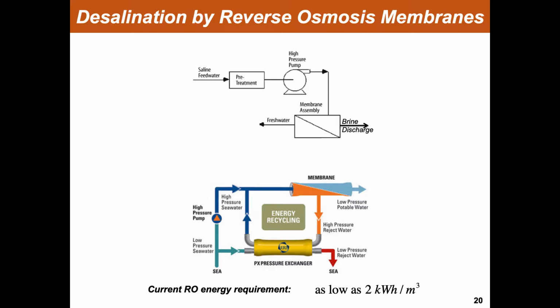And so you produce two streams, one that has the desalinated water and one that has a concentrated brine that has to be discharged. A lot of the energy in this process, in fact pretty much all of it, is in this pumping process to raise the pressure of the water to provide the driving force for mass transport.